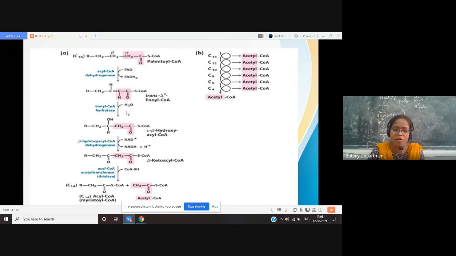It needs the help of water. The first reaction is oxidation, the second hydration, the third again oxidation. Remember, whenever there is an oxidation reaction, the enzyme name will be dehydrogenase. For a hydration reaction, hydratase. You have to observe the end of the enzyme name.